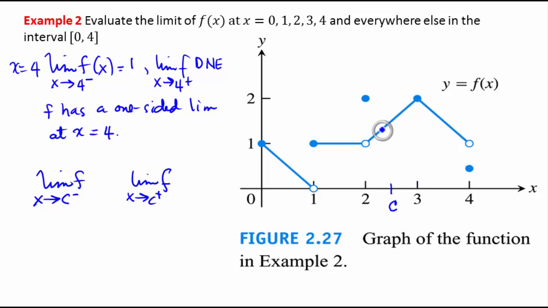The y values approach somewhere, let's estimate that, right around 1.5. So as x approaches c from the left, y values approach that value of y. As x approaches c coming from the right, the y values meet at that point. So with them having the same one-sided limit, the limit of f as x approaches c always exists and it's equal to f of c. Alright?